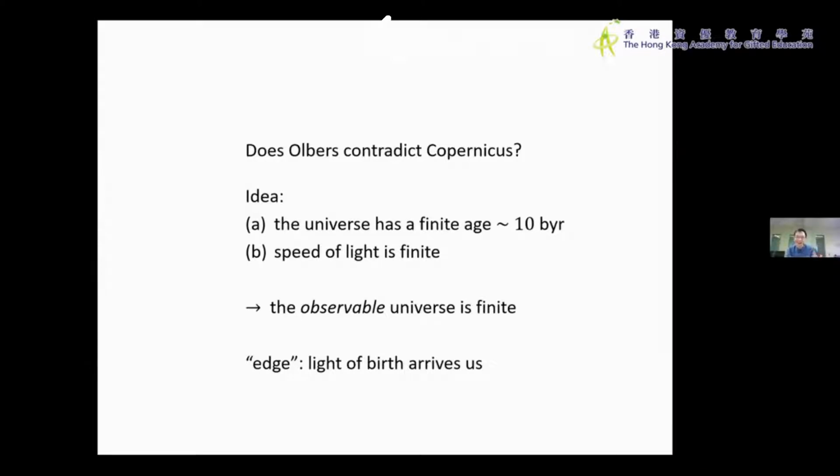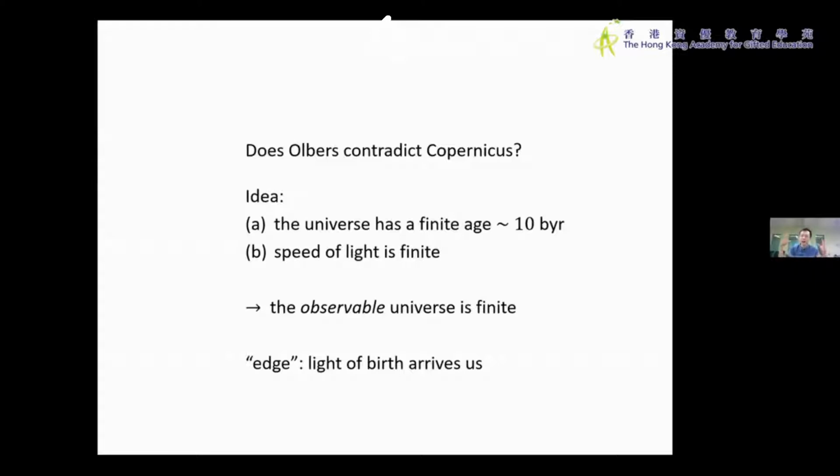If there is light from some galaxies, even from the creation time of the universe, when actually there were no galaxies, the light is trying to propagate to us and has not reached us yet, if the galaxy is far away enough. That means the observable size of our universe is finite.